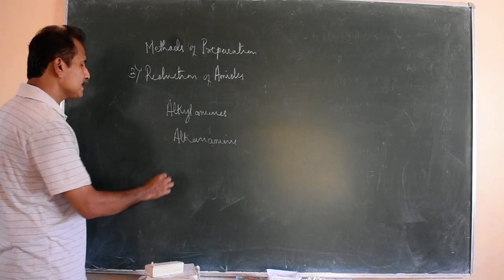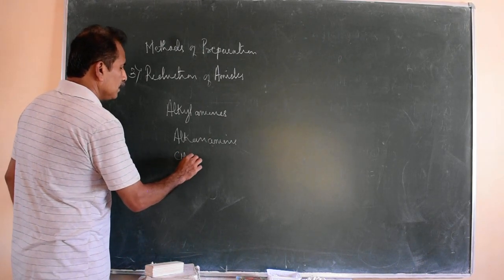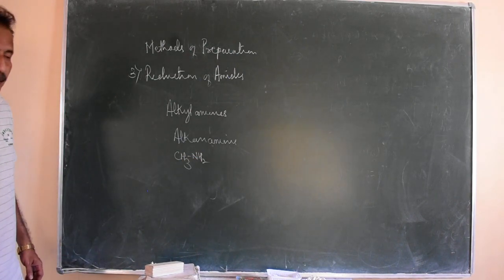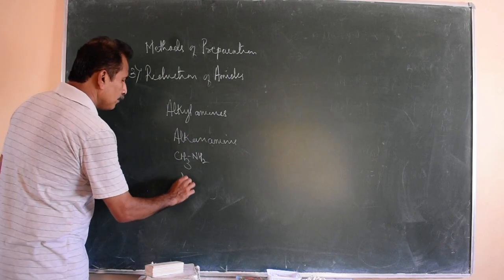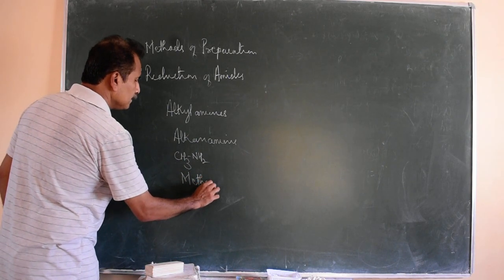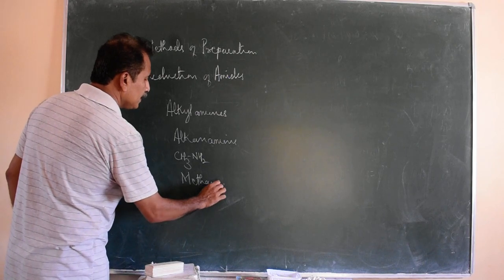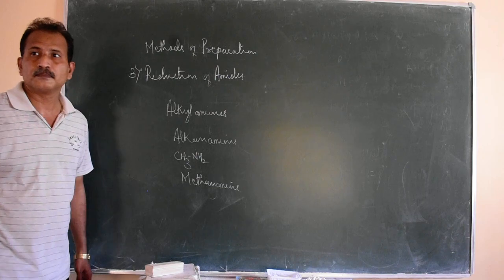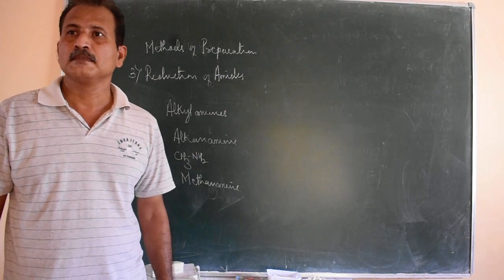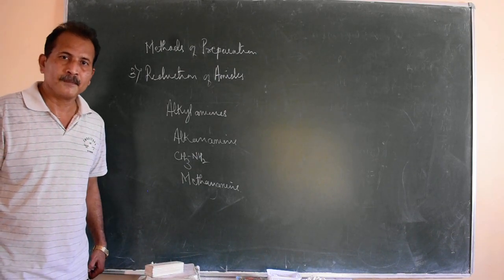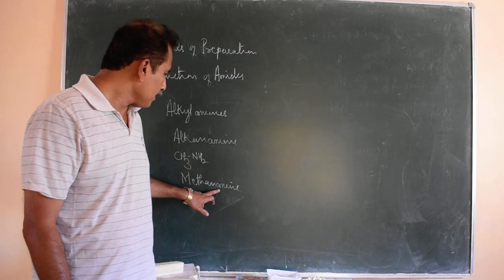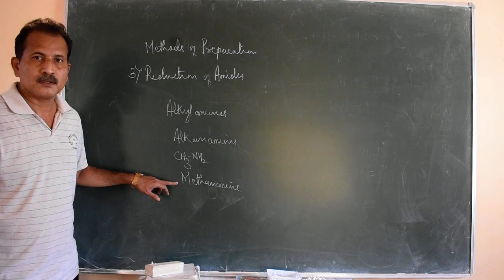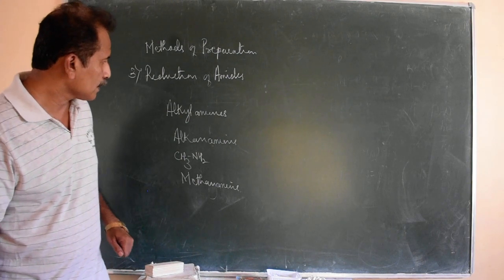So I will give you an example. CH3-NH2, the simplest of amines, can be named as methanamine. So I write methane there, remove E, add amine. Okay. So this is how you can name these compounds.